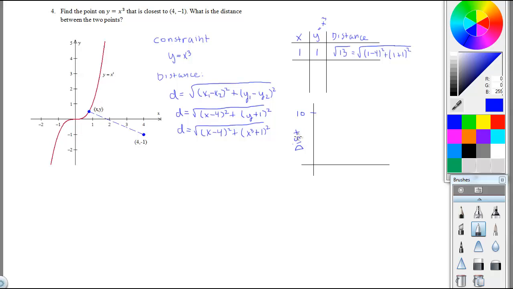So that's the name of this variable, and this is the x coordinate on y equals x cubed. Okay, so let's graph it. The x coordinate, it's not very big. It's near 1, so I'm just going to put this out to 5, and even that might be too big.